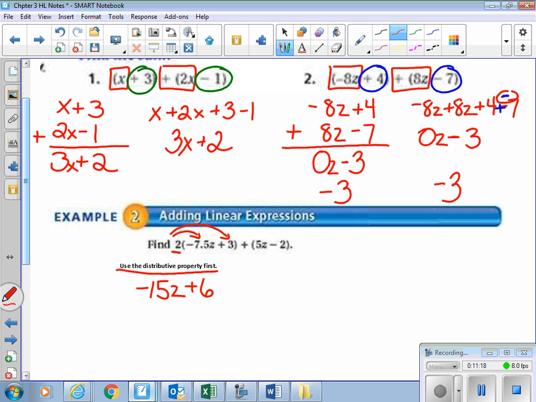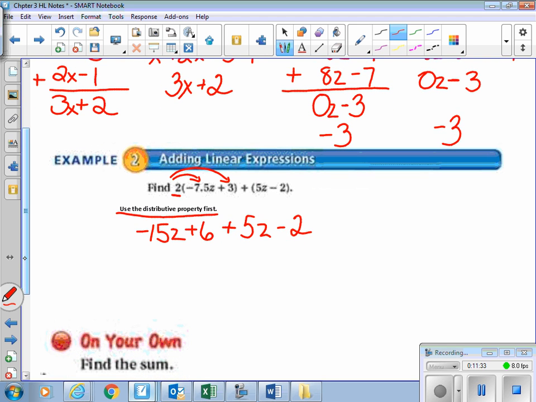And then the rest of my expression, bring it on down, plus 5z minus 2. There's no number outside of there, so there's nothing to distribute to get rid of those parentheses, so we can just get rid of them. I now have a linear expression going across. I'm going to do this one horizontally since it's already written horizontally.